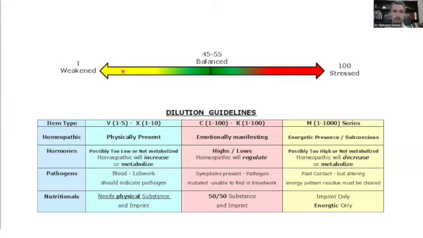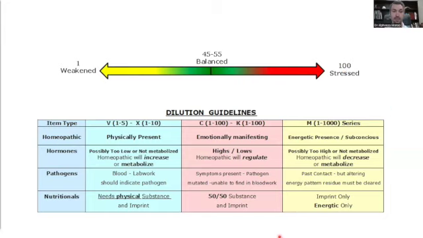And so usually less important organs are going to get slowly turned off to supply energy to the more important. So this is a range that we use in a lot of our energetic testing to see where your organs are or how much a substance weakens or stresses the body, or if something can bring it back to balance. Okay, so if you're really weak over here and we can find something that brings you back to 50, we did a good job. Okay, so that's what we want.